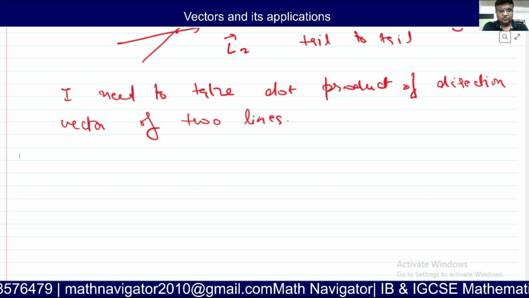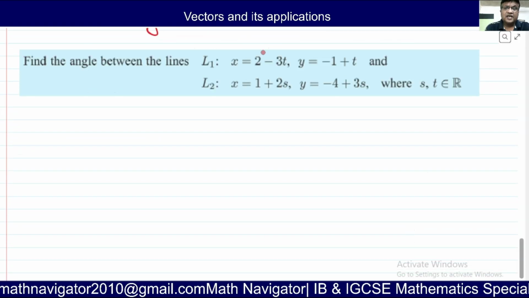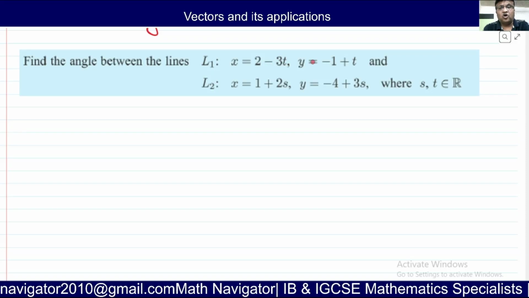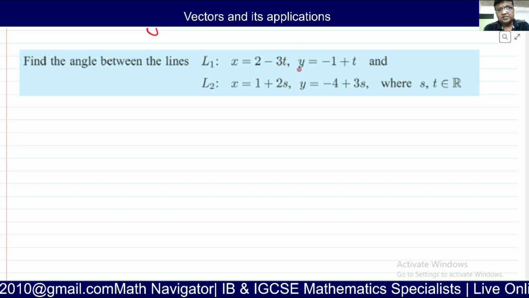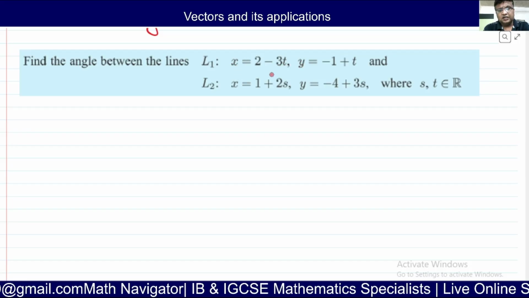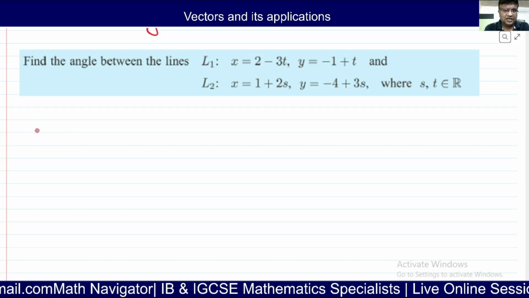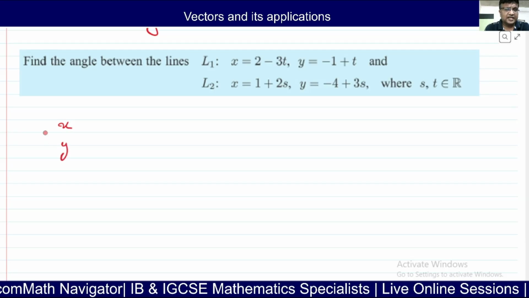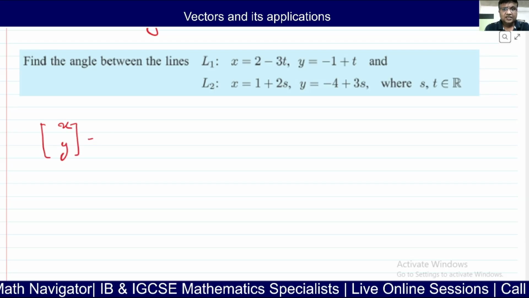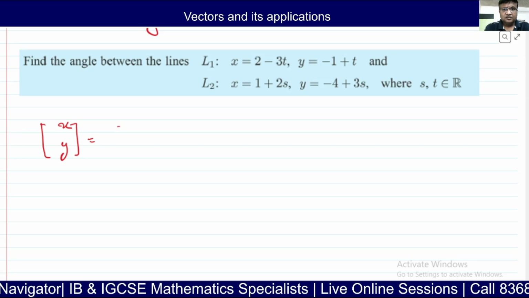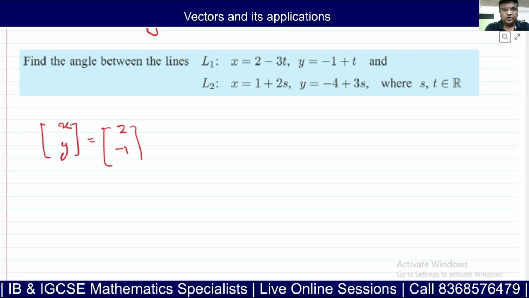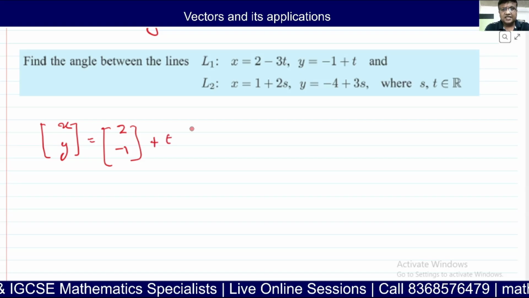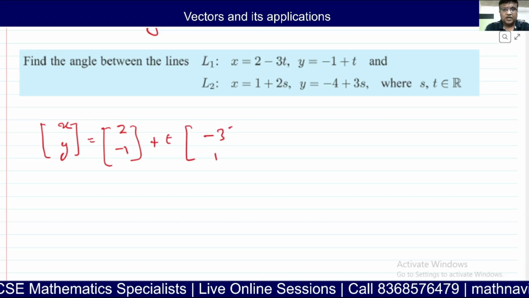Let's come to this. These are the two equations given to me. These equations are in the form of a parametric equation, so I'll convert it into the vector equation so that I can understand what my direction vector is. So (x, y) is equal to (2, -1), which is my point A, plus t times (-3, 1).